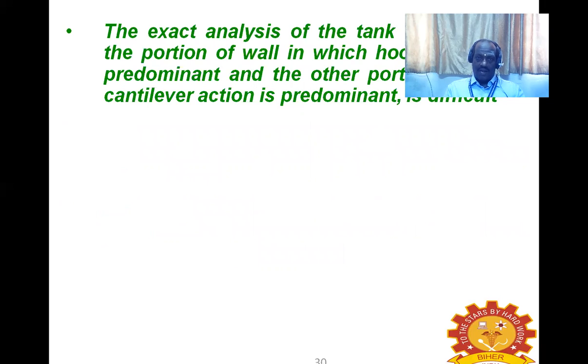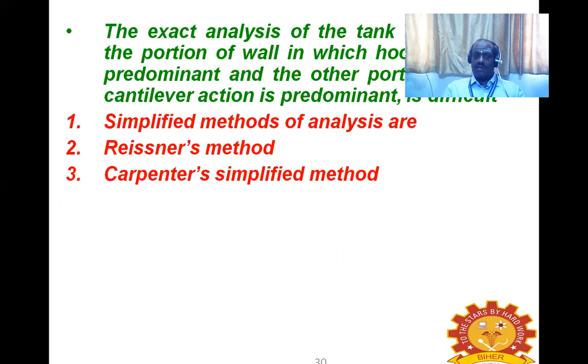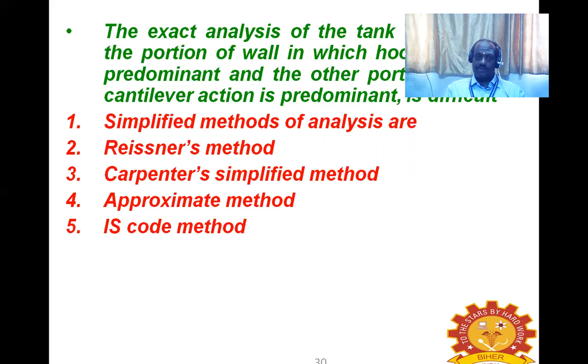So the analysis of the tank, and the proportion of the wall in which hoop tension or cantilever action is predominant, has to be analyzed. And we can analyze the tank with the fixed base by using Reissner's method, Carpenter's simplified method, or the approximate method, the IS code method.